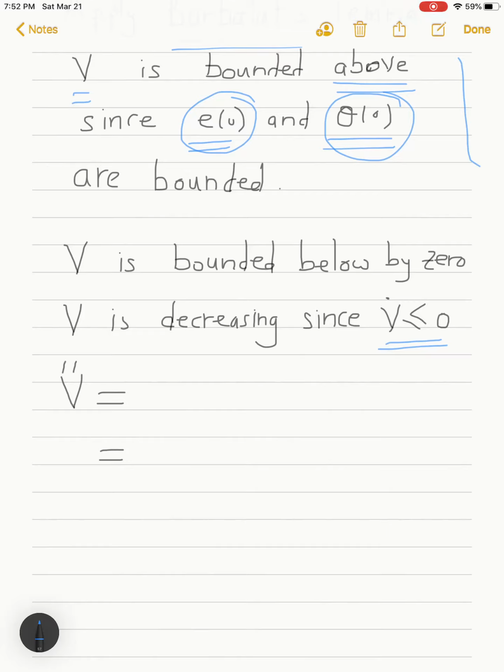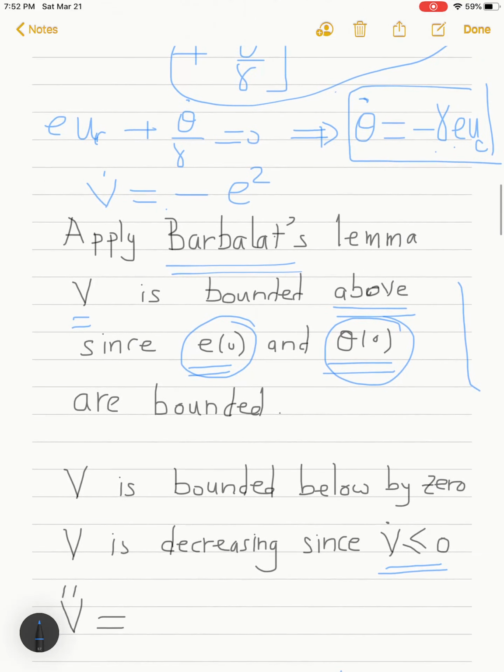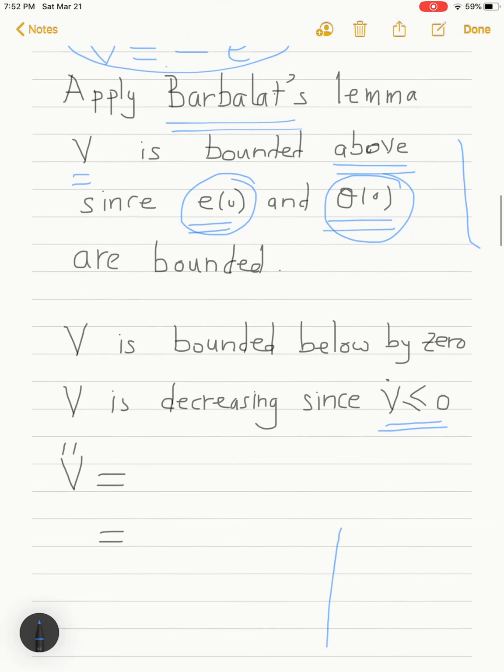What's left is to show actually that v double dot is also bounded. So in that case, we have to differentiate v dot, and that will give me minus 2e times e dot, and this is minus 2e.